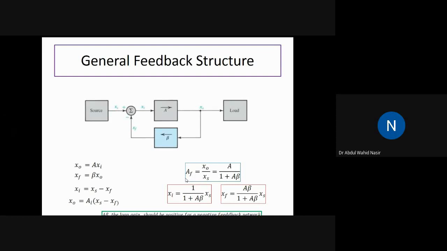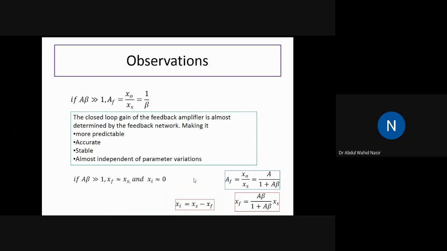So we can write AF is equal to A by A beta. Now A will get cancelled, so we simply have AF is equal to 1 by beta. So if A beta is very much greater than 1, then the overall closed loop gain AF will be 1 by beta.